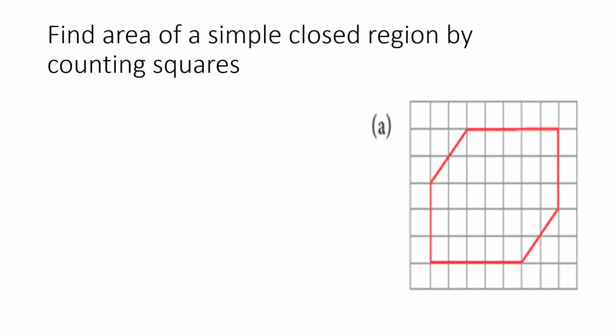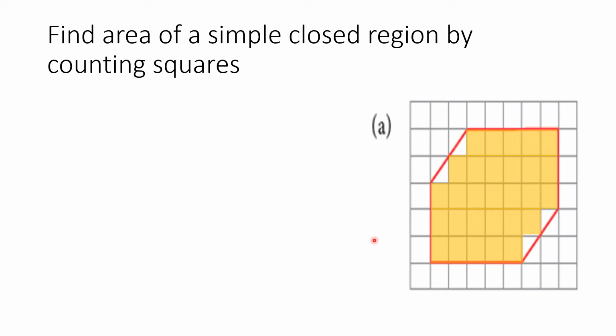Let us find out the area of a simple closed region by counting squares. Here is this simple closed region, and there are square boxes. Let us calculate how many full squares there are. So these are the full squares.